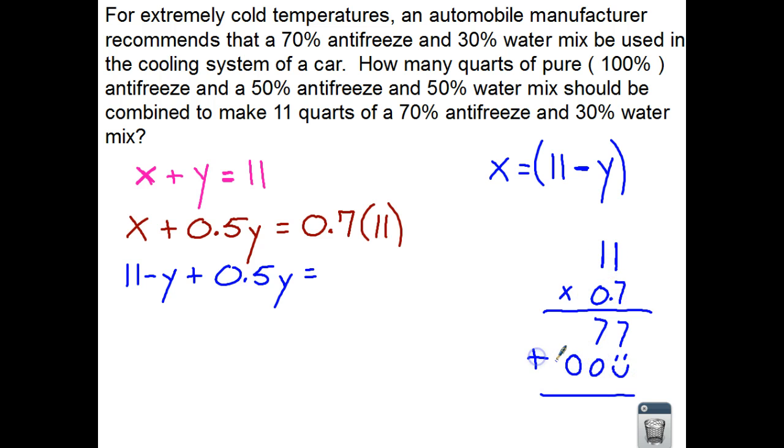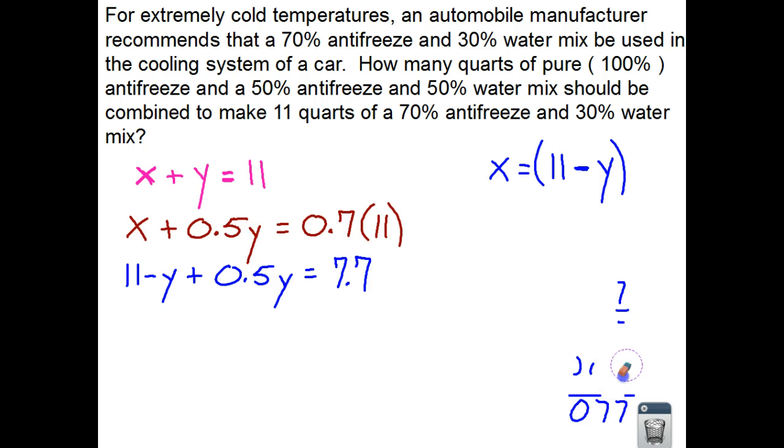We add up our values, and we have 0, 7, 7 in the bottom, but we need to make up for this decimal in the problem. There was one decimal move, so we have 7 and 7/10. Okay, let me erase that. I know we're going to need some room here.